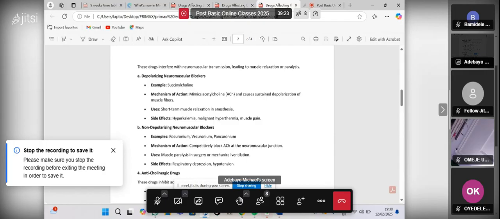The side effects include sedation, low heart rate, low BP, low respiratory rate, sleepiness. Everything is slow with benzodiazepines.